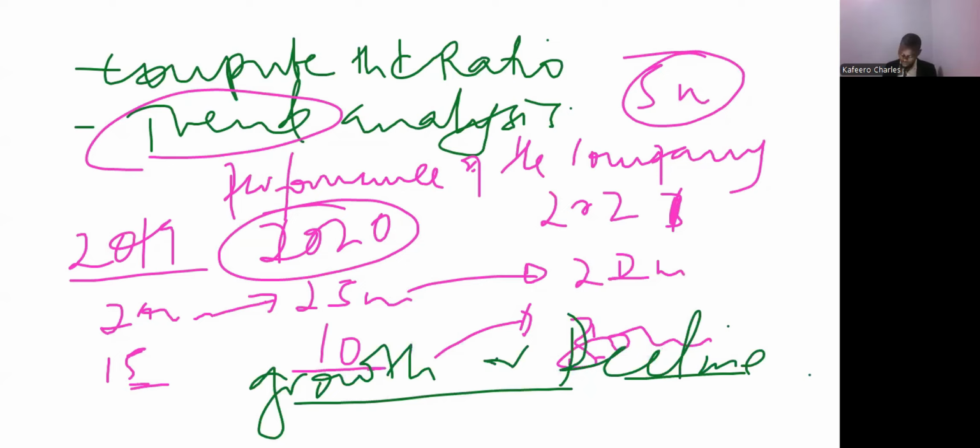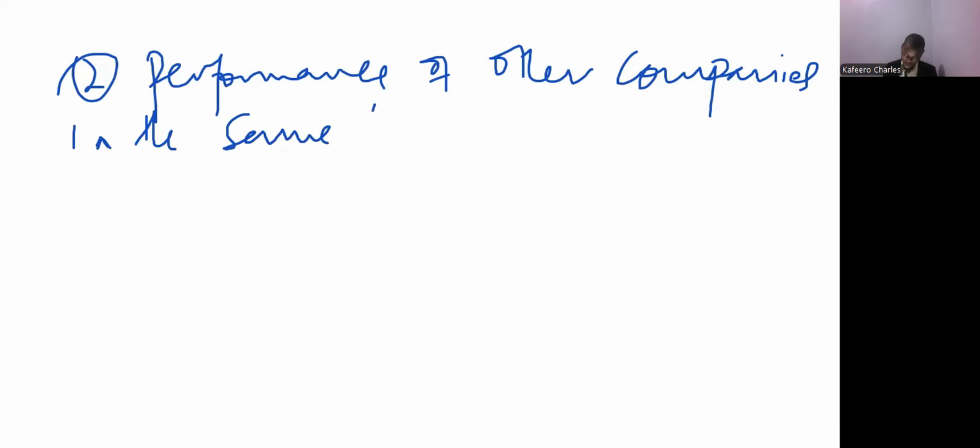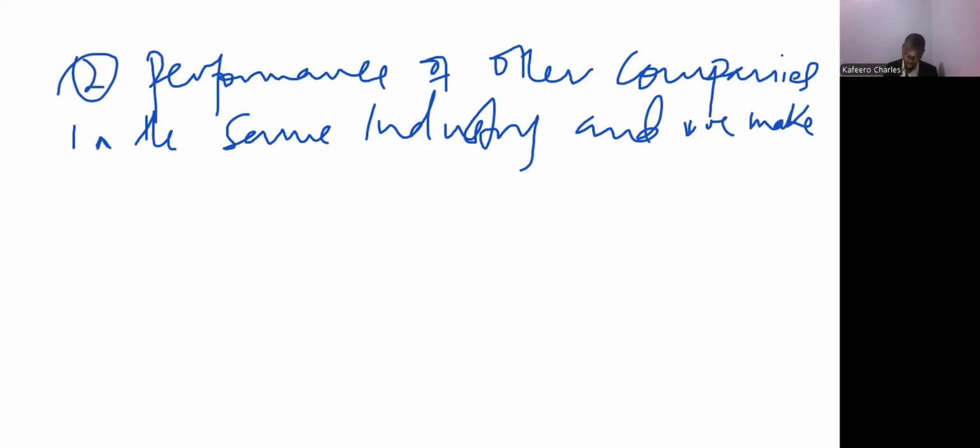The second approach to analyzing the performance of the business is to look at the performance of other companies in the same industry, and then we make a comparison.